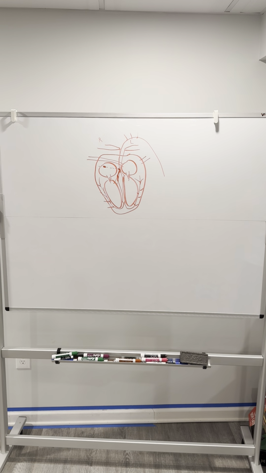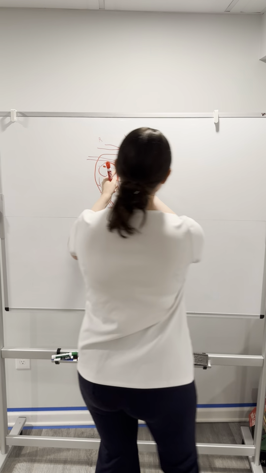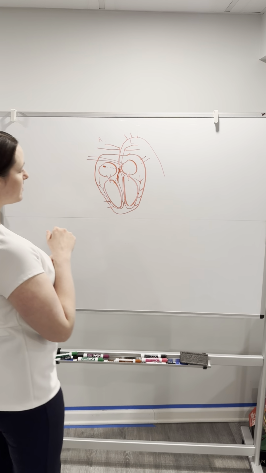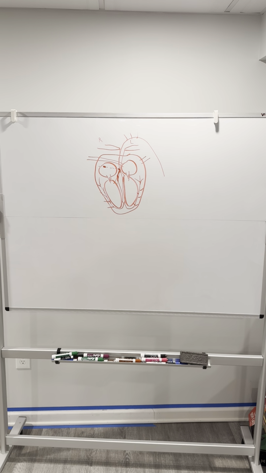This is where that signal pauses very quickly, only for about a millisecond, or a few milliseconds. Then into the AV bundle, and that goes into the left and right bundle branches, and then through the Purkinje fibers. This helps the muscle cells to contract. This is the electrical signal that tells them to contract.